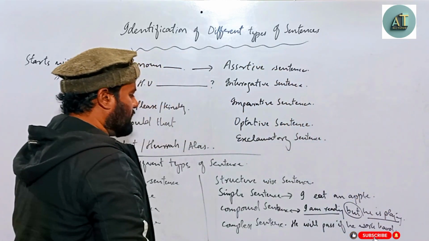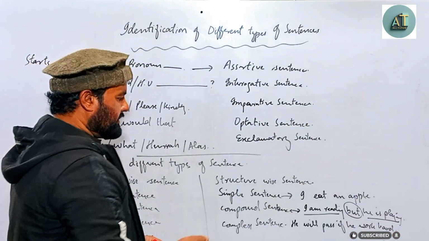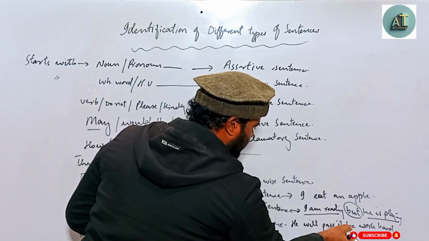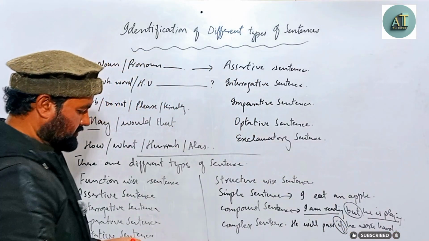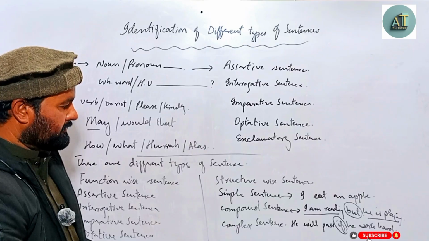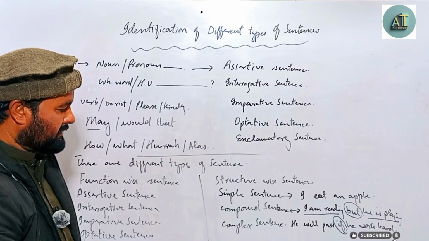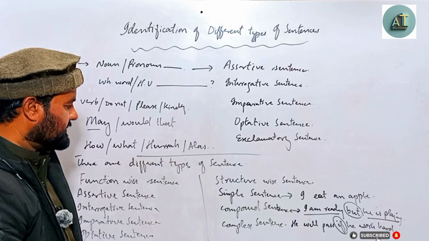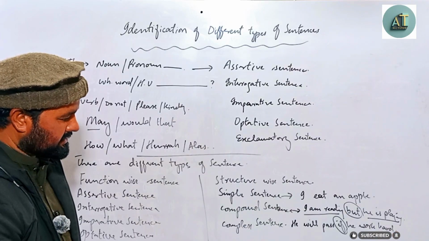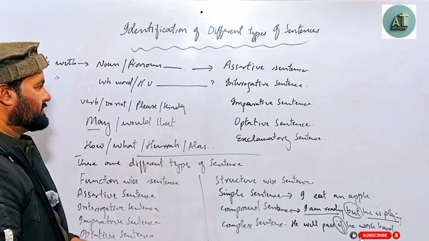This is an example of a complex sentence. You can see there is a subordinate conjunction in the middle of the sentence to join two different types of clauses and make it a sentence.